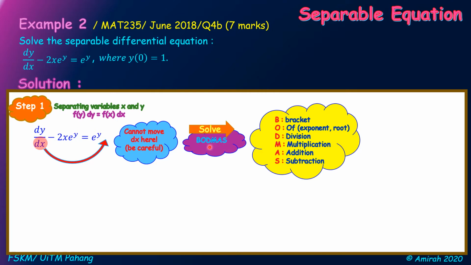That means we solve bracket first, followed by exponent, root, division or multiplication, and then addition and subtraction. But when we want to separate, we need to reverse the order of BODMAS. That means we need to separate subtraction and addition first before we separate multiplication and division. Got it?